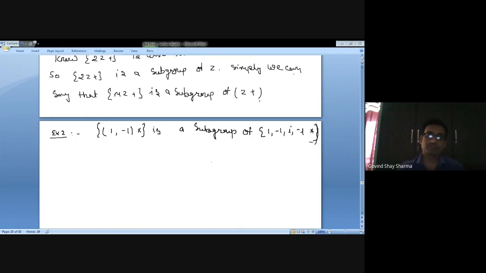We can prove this. 1 belongs to H and is the identity element.